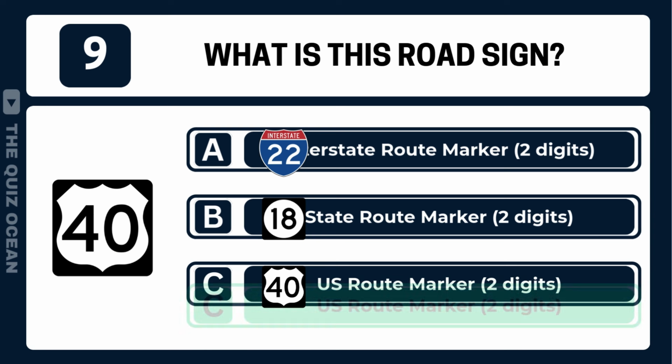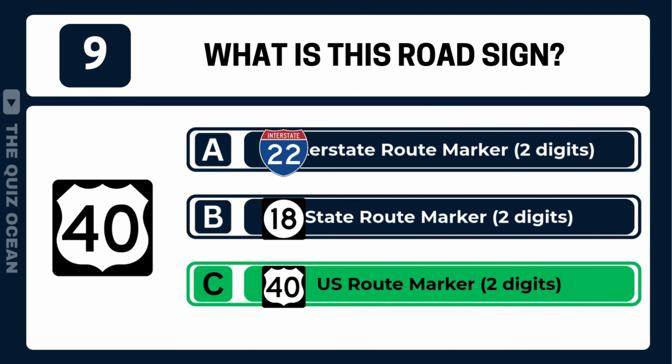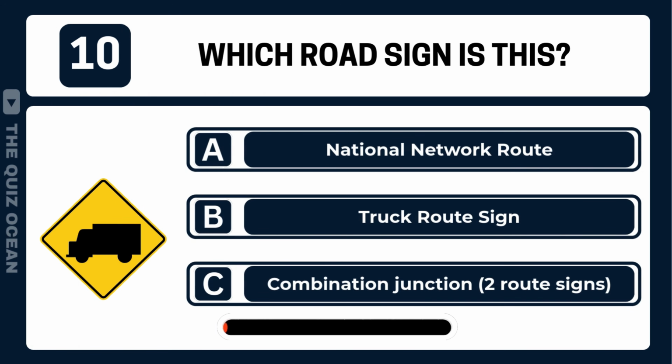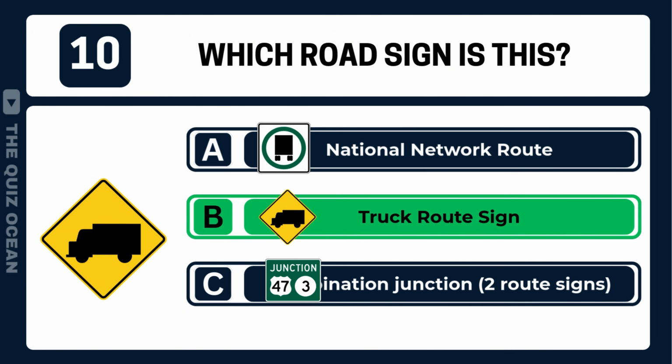The answer is C. US route marker, 2 digits. Question 10. Which road sign is this? The answer is B. Truck route sign.